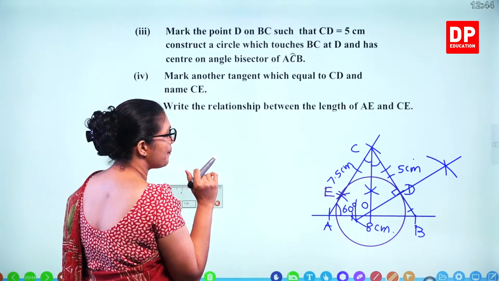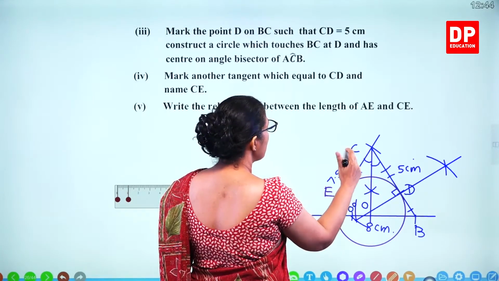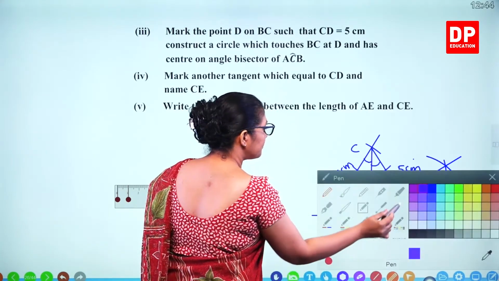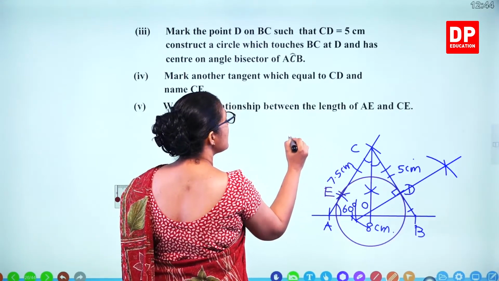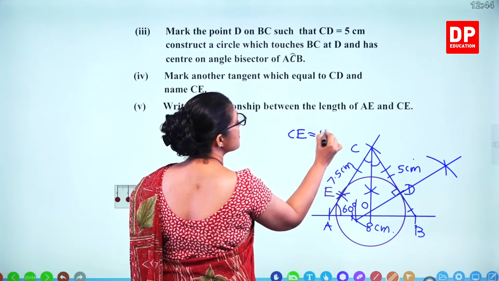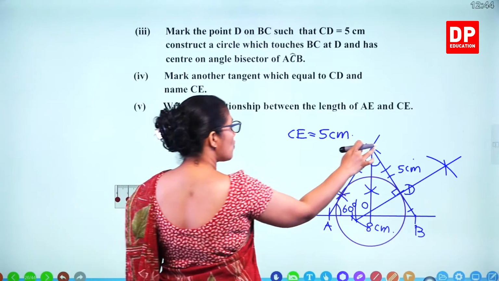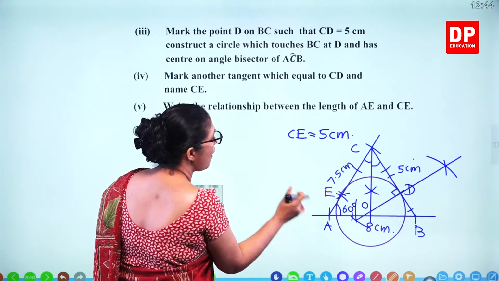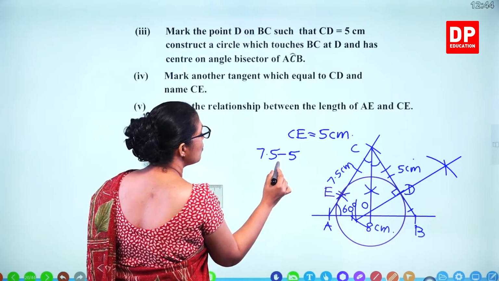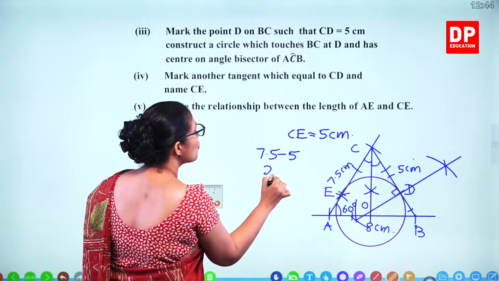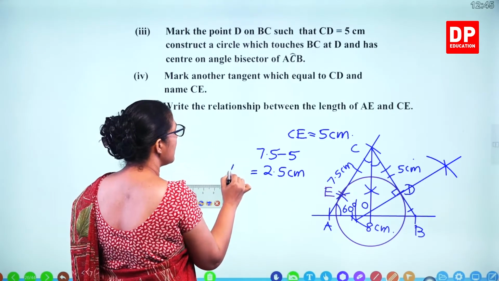So what can you say? CE is 5 centimeters because of equal lengths for tangents. So this whole thing is 7.5, so 7.5 minus 5, you get 2.5 centimeters, which is AE.